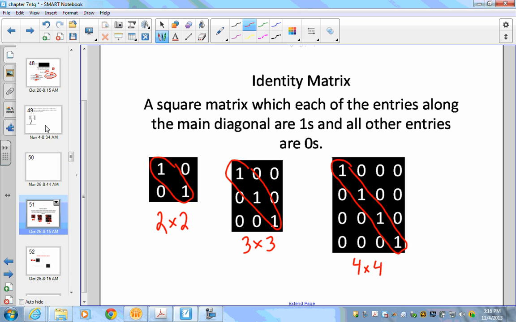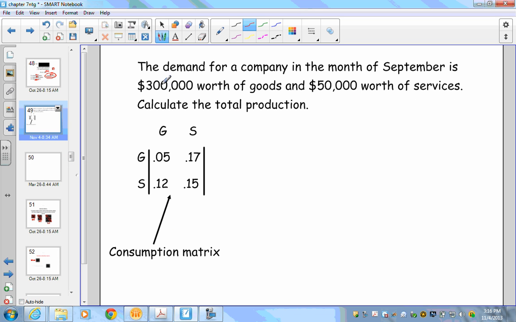All right, moving on. The demand for a company in the month of September is this, and it says calculate the total production. So now we're going to use the formula that we just learned literally five seconds ago. Once again, here's my consumption matrix. Notice that my identity matrix and consumption matrix are being subtracted, so my identity matrix must have the exact same dimensions.